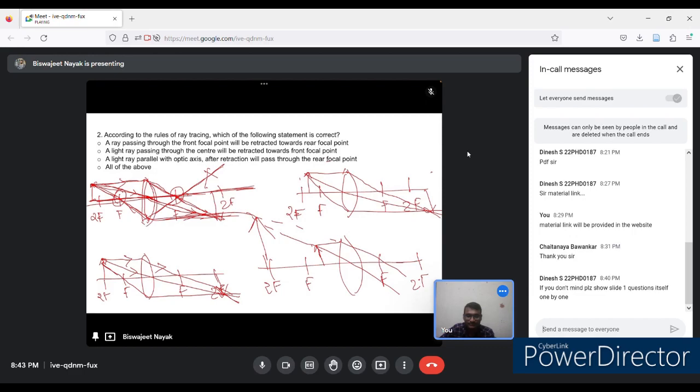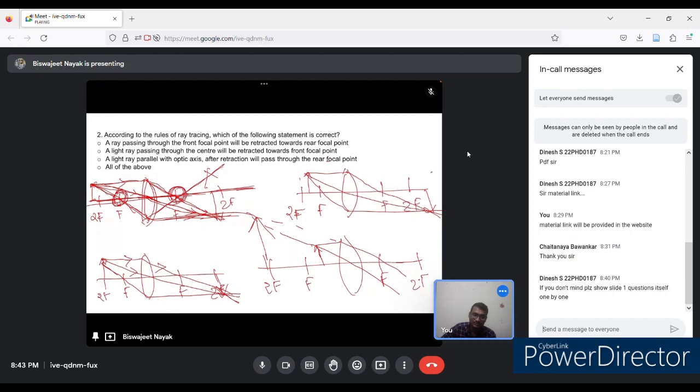So from these options, the first option says a ray passing through the front focal point will be refracted towards the rear focal point. This is the front focal point, and this is the rear focal point. So the first one says the ray passing through the front focal point then passes through the rear focal point.